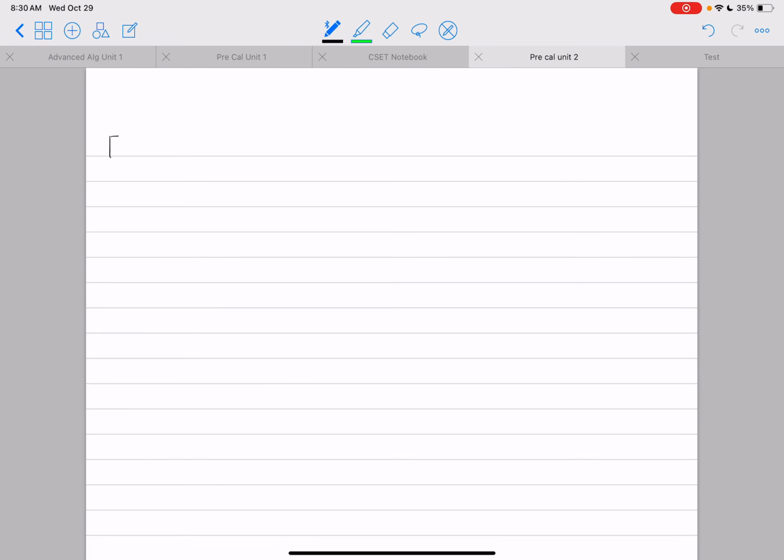Let's do example 2. So I'm going to pull up example 2 here. It says f of x equals x squared minus 10x plus 26. And again, this is standard form.